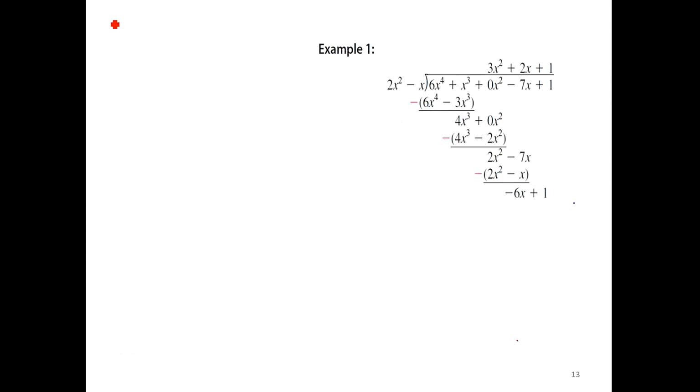We need to find (6x^4 + x^3 - 7x + 1) divided by (2x^2 - x).